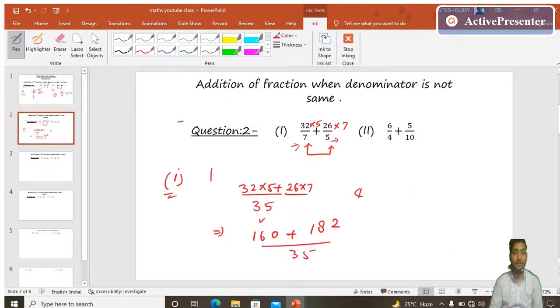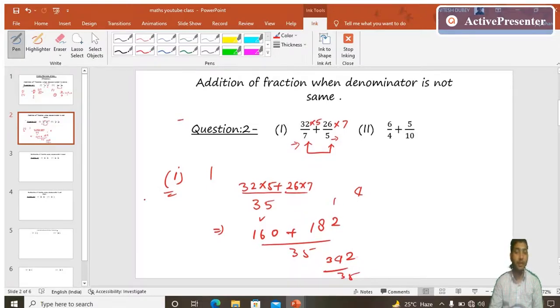Now add this. Unit place 2, 14, carry 1, 1 1 2 plus 1 carry 3 upon 35. So the answer would be 342 upon 35.